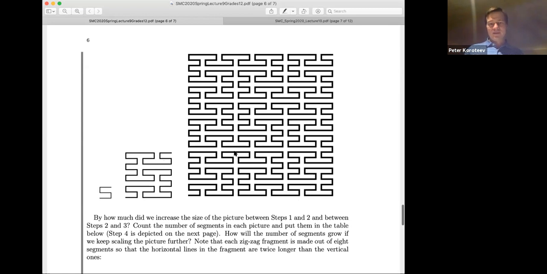Again, it would be a line here, 1, 2. So in every horizontal row there will be 2, and there will be two vertical ones. So there's 1, 2 here, and then 3 and 4.